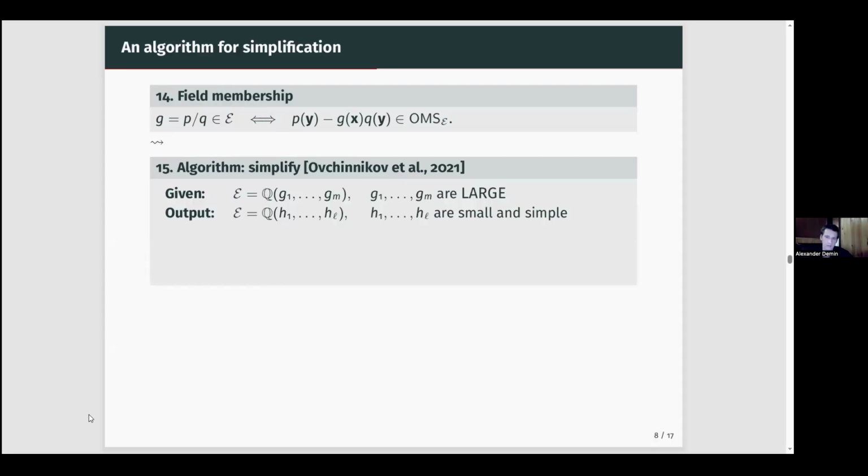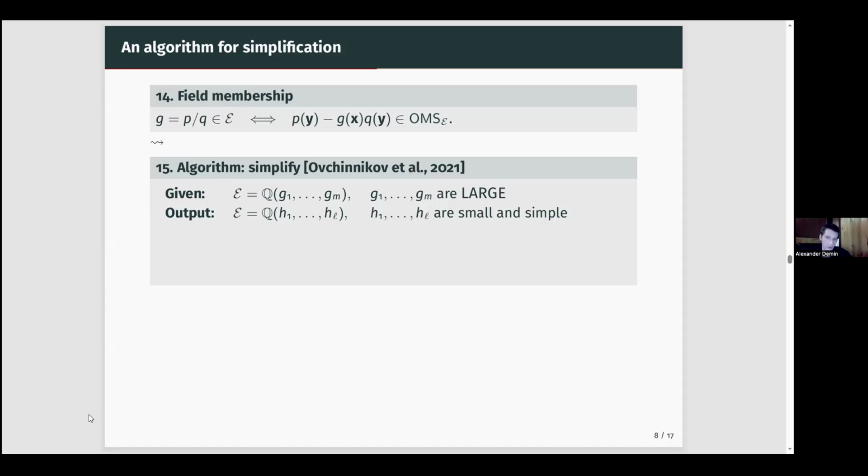So now let's propose or discuss the first algorithm that was proposed by Alexey Ovchinnikov and his collaborators. As in the statement of our problem, we are accepting a set of generators that are maybe huge, complicated, and we want to get back another set that is small and simple.